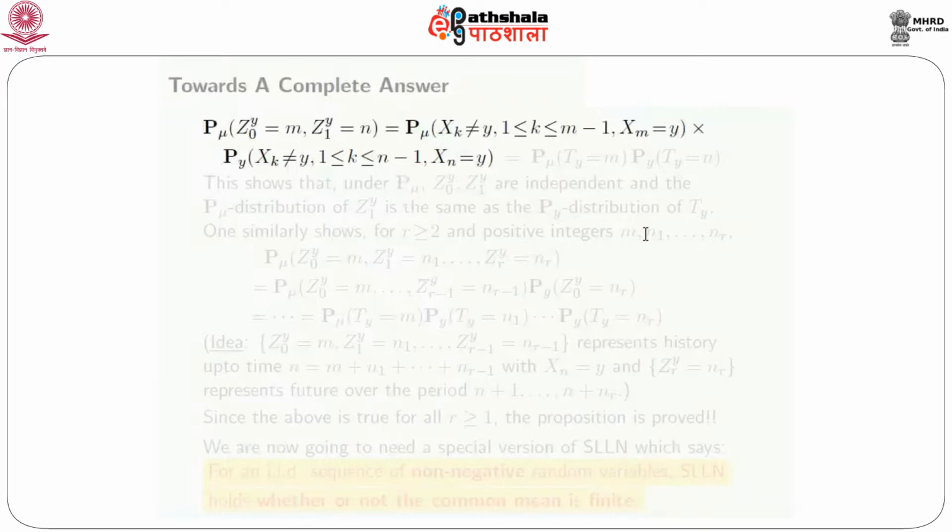So the first term is the P_mu probability that T_y is m, but the second term, more interesting, is the P_y probability that T_y equal to n, because now the Markov chain is starting at y.